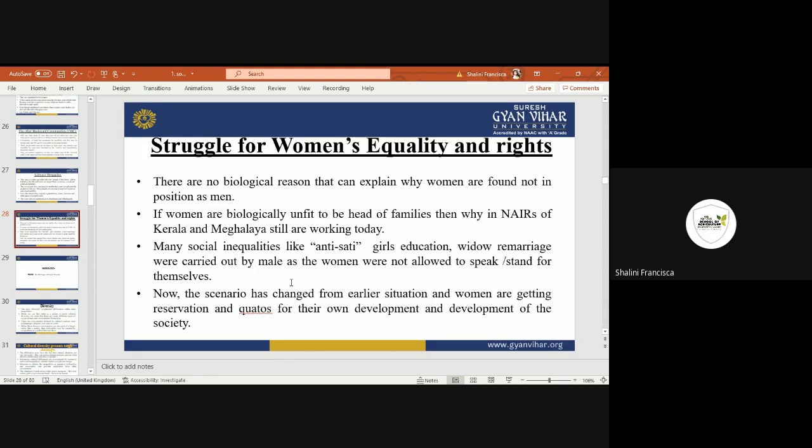I think in Switzerland, if a woman breaks a rule and a male does the same violation, the female has to pay more, because they have made a rule that women are equal to males.